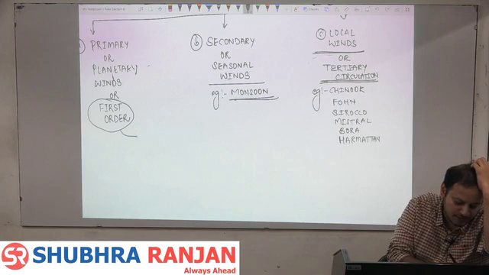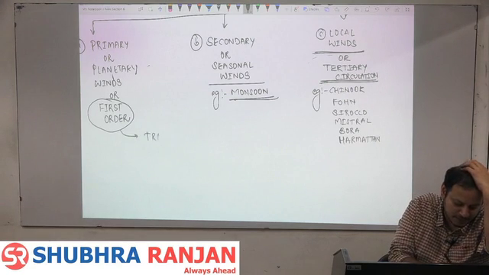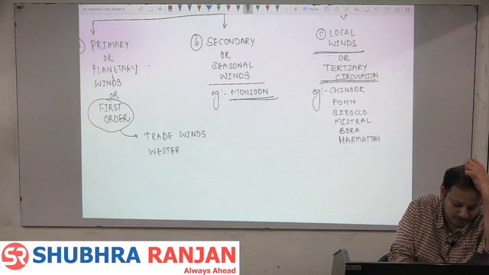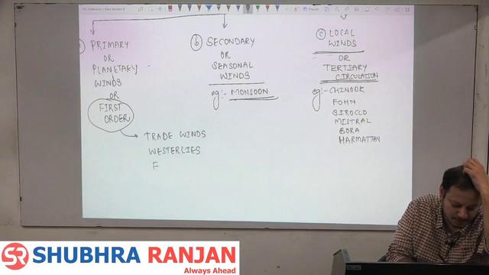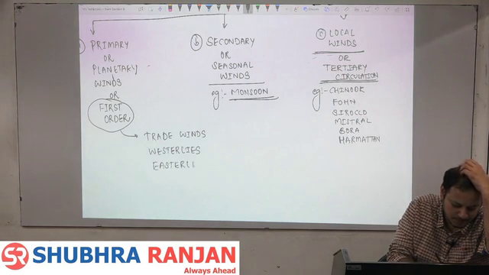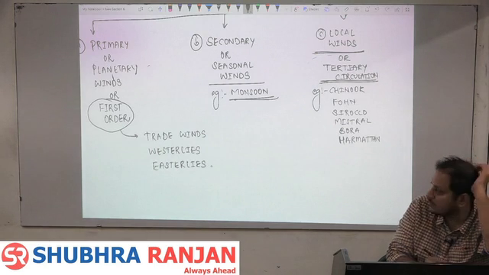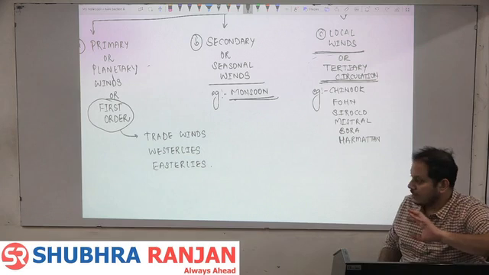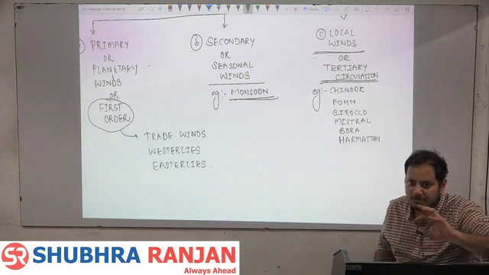Winds of first order have the example of trade winds, westerlies, and easterlies. Very simple topic if you understand.